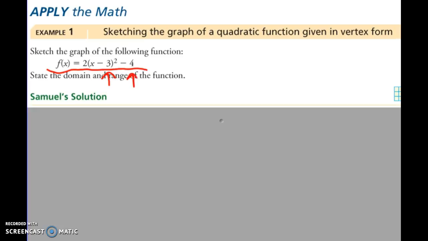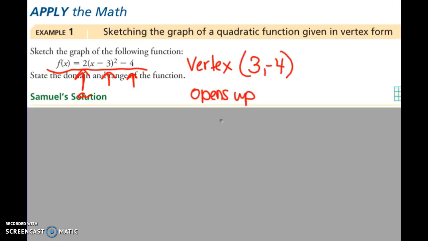And we know the vertex is whatever H and K was. So it's the opposite of what is in the brackets, so it would be 3. And it's the value afterwards, which is minus 4. So our x is 3, our y is minus 4. Looking at the value in front, remember that is our A value. So if A is positive, it's opening up. So we could say this parabola opens up.